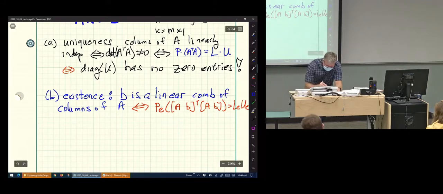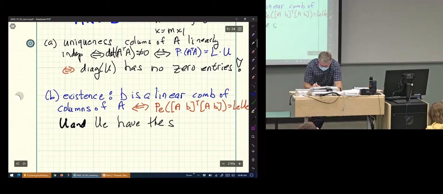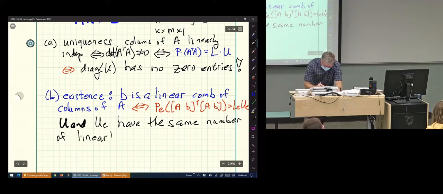That's if and only if U, oops, I didn't want that big one, and UE have the same number of linearly independent columns.